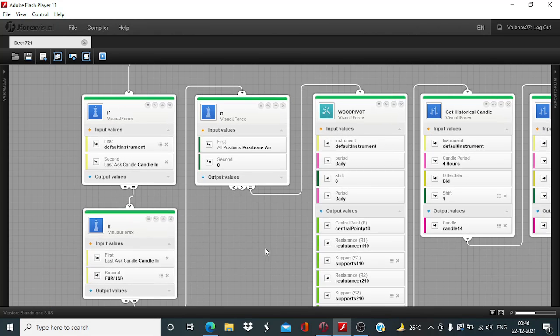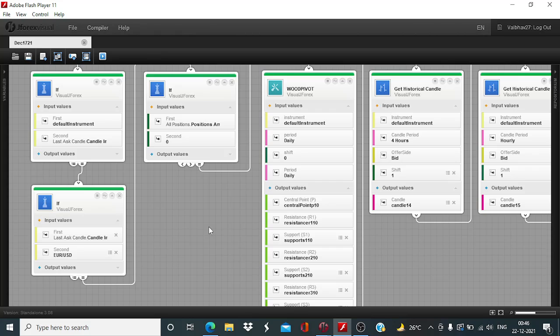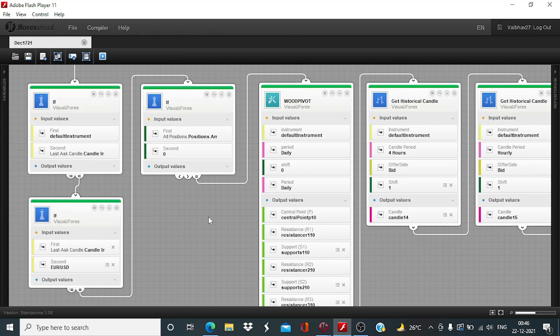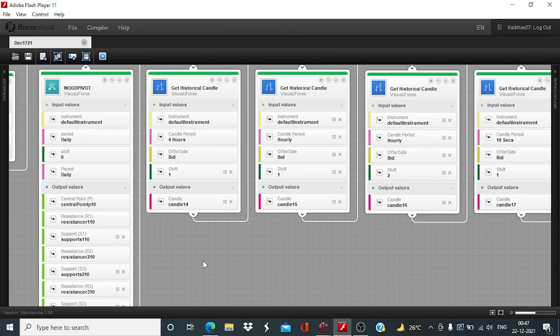We have seen in the last two sessions where I had explained to you how we can put in place the needed conditions for the execution of the trade using this indicator setup. If we look at this, we have the instrument subscription in place where the default instrument is Euro USD, which is being in turn matched with the instrument of choice. And after that, a Woodie pivot block of the daily candle period was added.